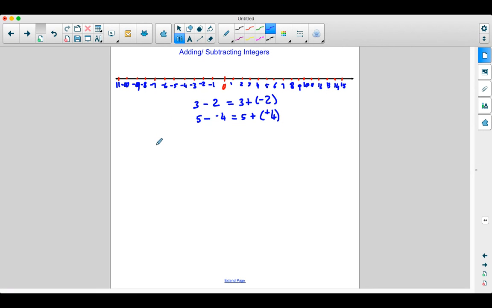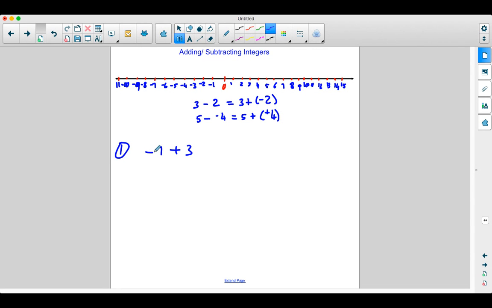Let's say they ask you to add. Example 1. Okay, add negative 1 plus 3. Okay, I'm going to use the number line to illustrate this.